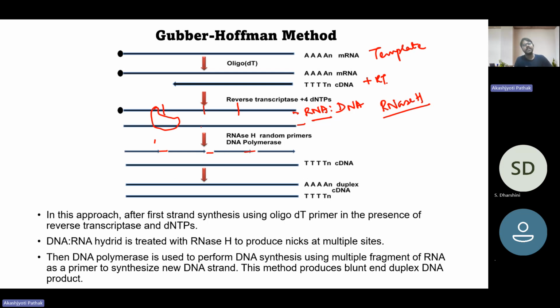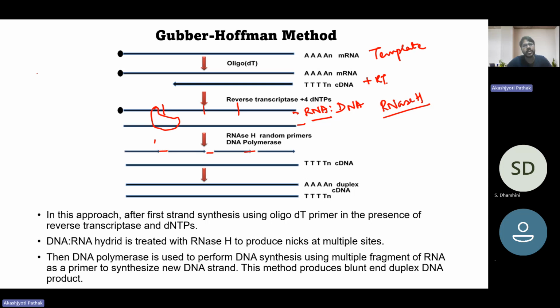Basically, what is the difference between the first method and the second method? In the homopolymer tailing, you are using the alkaline sucrose gradient so that you can degrade the RNA.